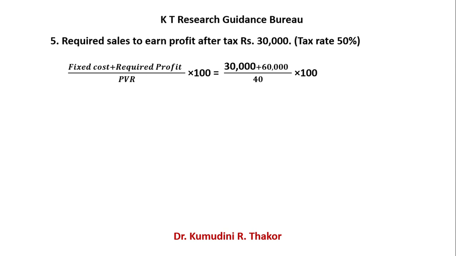Fixed cost plus required profit by PV ratio into 100. Fixed cost 30,000 plus required profit, not 30,000 because that is after tax profit. So we have to find out before tax, plus 60,000 by 40 into 100. So your answer is 2,25,000.